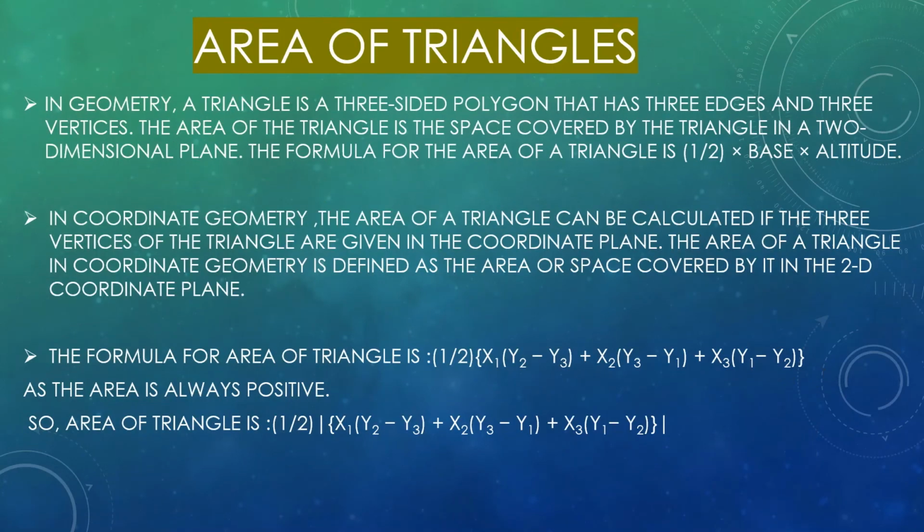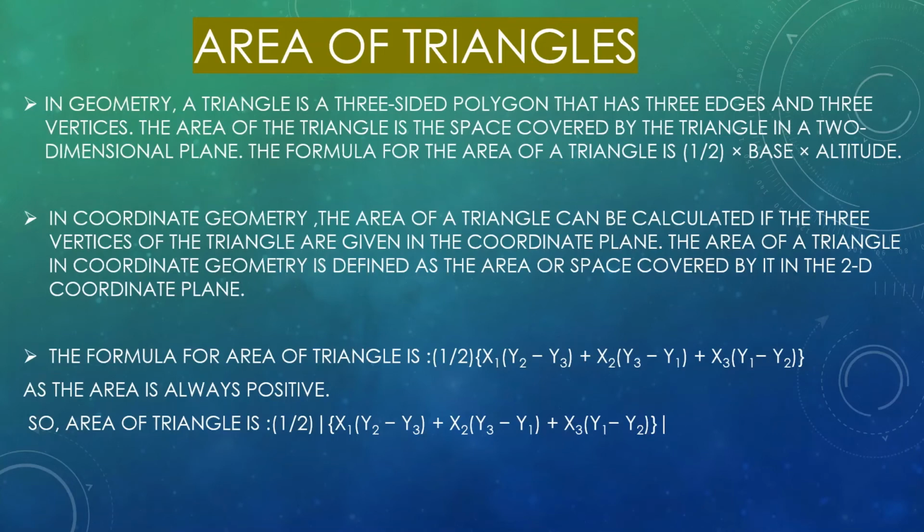Now we will see area of triangles. In geometry, a triangle is a three-sided polygon that has three edges and three vertices. The area of a triangle is the space covered by the triangle in a two-dimensional plane.